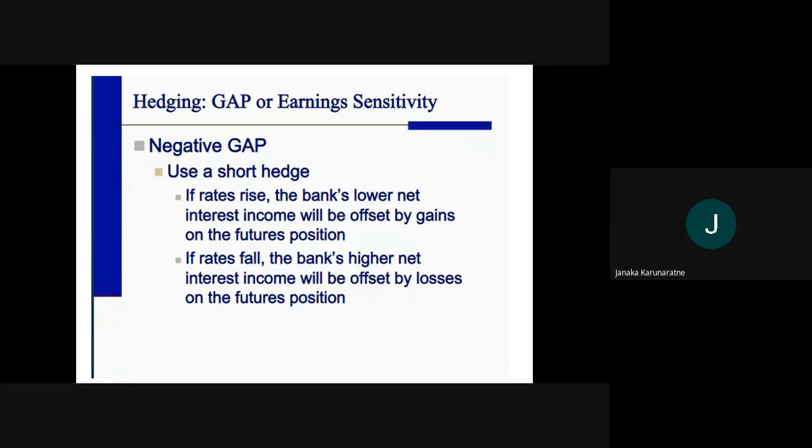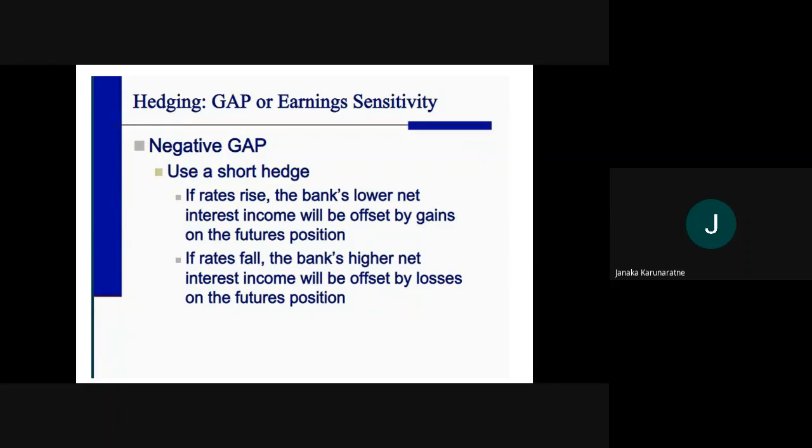So negative gap, use a short hedge. So what do you mean by a short hedge? Negative gap means what is the risk to us? Interest rate rise or fall? What is the risk?